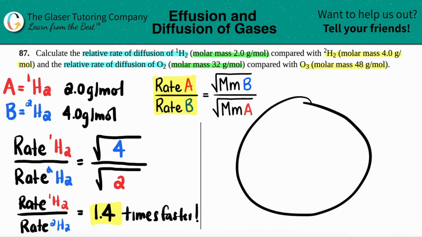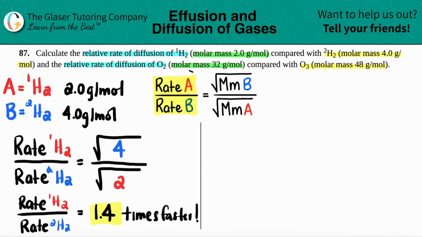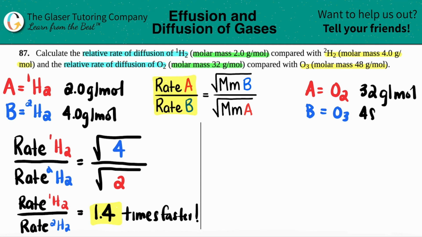So that's all for this one. Let's do the same thing for the oxygen side. I'm just going to follow this. I still want to find out that rate. So in this case, I'm going to classify A as O2, because now we're doing the oxygens, and B is now going to be O3. For O2, they gave us a molar mass of 32 grams per mole. Beautiful. And for O3, they gave us a molar mass of 48 grams per mole. Now let's do the same formula.